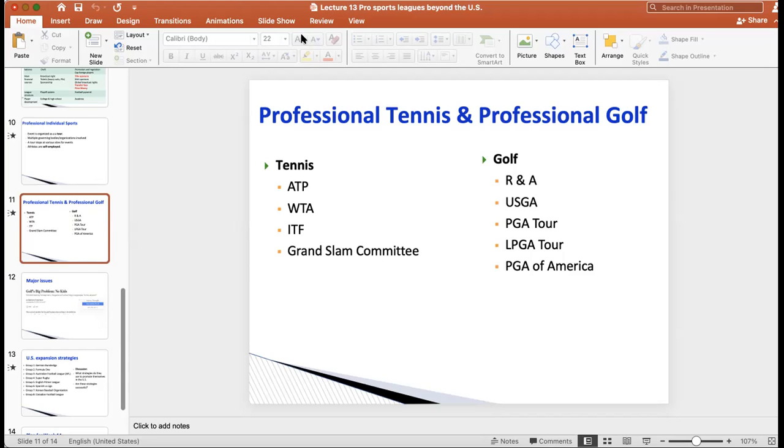Right, golf, we talk about different kinds of organizations: R&A, USGA, PGA Tour, LPGA Tour, and PGA of America, right? Can any of you tell me the differences between the PGA Tour and PGA of America? What are the major differences? Anyone know the differences?